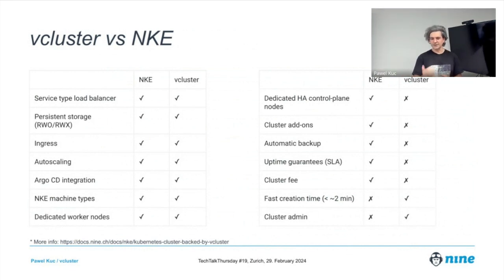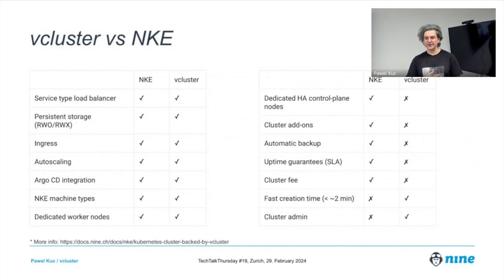And what are the similarities? As you can see, we have service type load balancers for both. We have persistent storage for both. We can have ingress for both, auto scaling, but take note that this extra scheduler will break that, but maybe it will be fixed in the future. Argo CD integration.